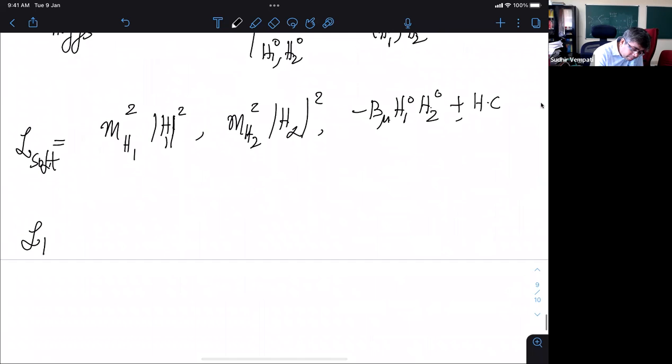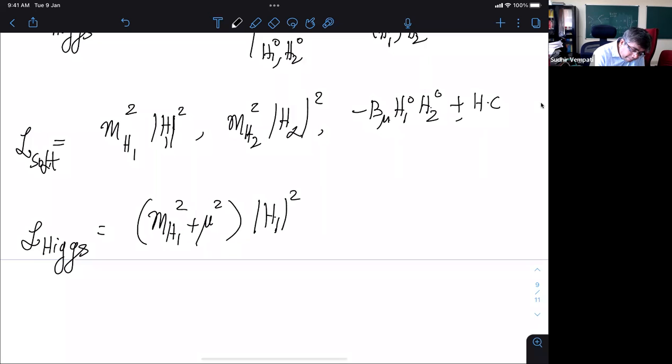So L Higgs is equal to MH1 square plus mu square mod H1 square plus MH2 square plus mu square mod H2 square.